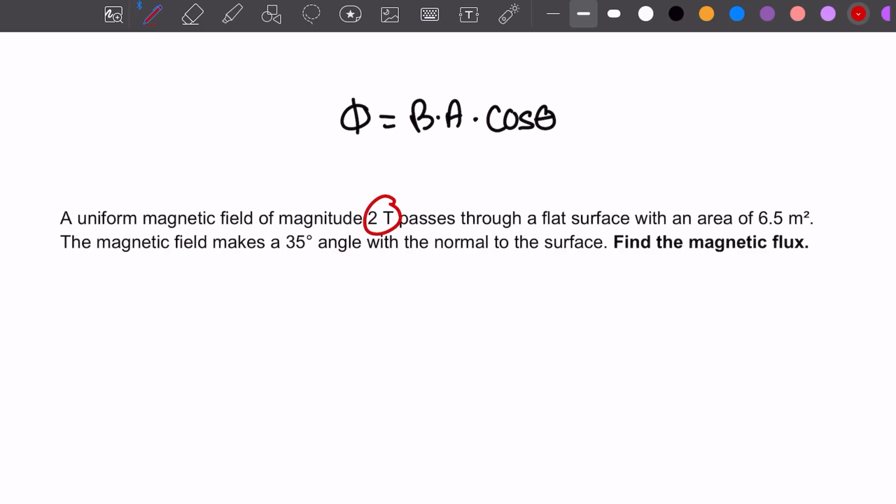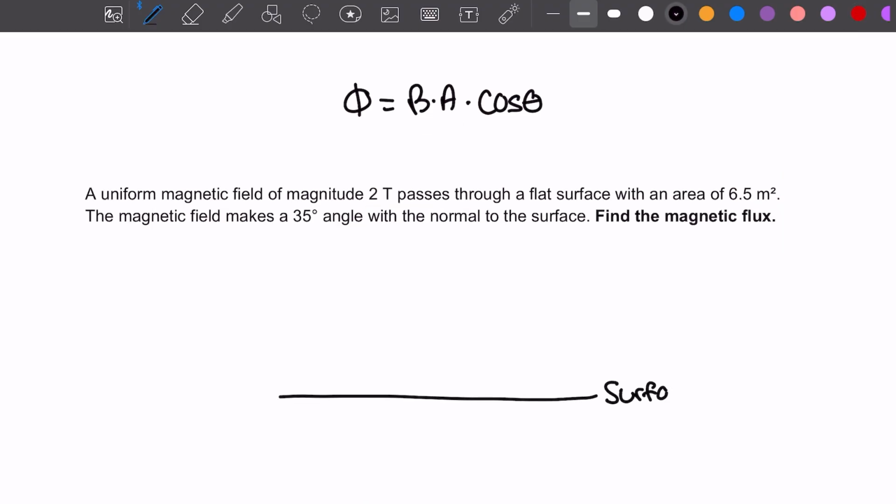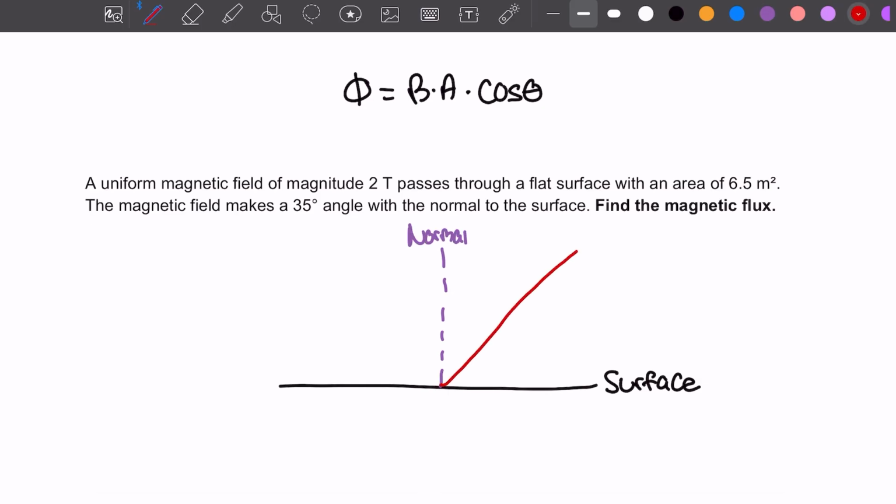So we have our B, 2 teslas, our area, 6.5 meters squared, and we have our theta. If it helps you, we can draw a diagram right here. Here's our surface, this imaginary line is the normal, and this is our magnetic field, and that forms a 35-degree angle with the normal.